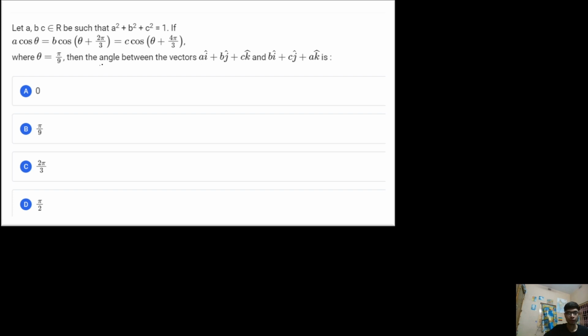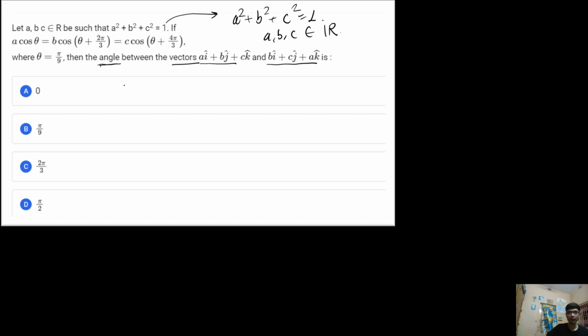Okay, so the first trigger to use the concept of dot product is when you see the words the angle between the two vectors, that is basically this vector and this vector. So moving forward you are given the equation in the question, that is a square plus b square plus c square is equal to 1, such that a, b and c all belong to real numbers.